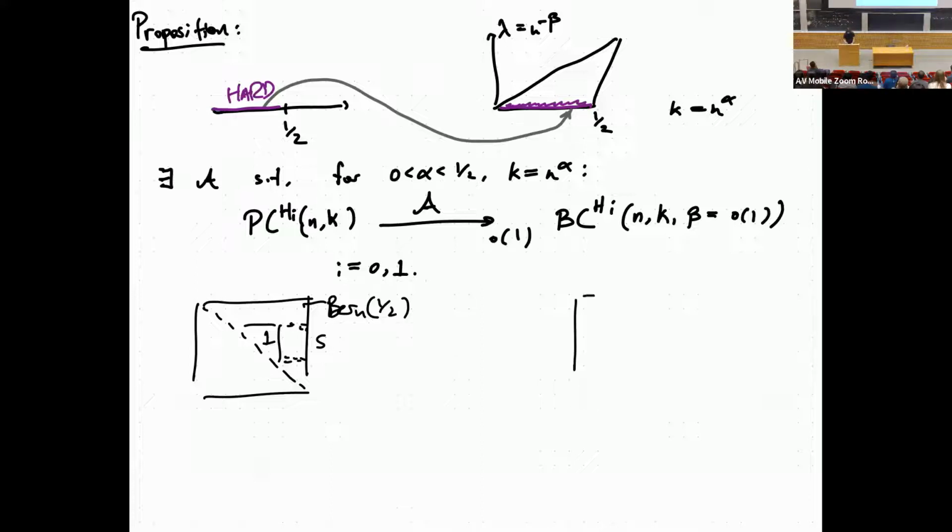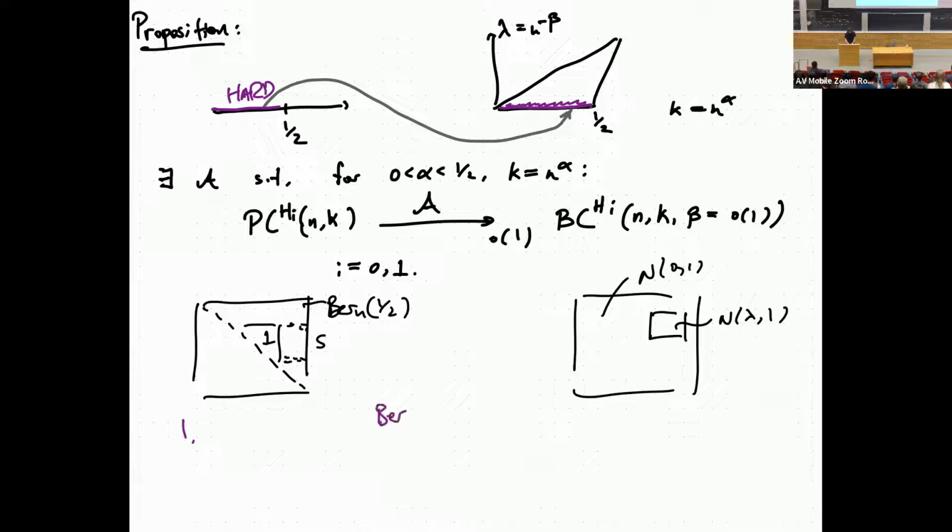And what we're trying to do is to map this to something that has normal lambda 1 and normal 0, 1, or Gaussian 0, 1. Okay, so there are a few differences between these two distributions. The first is that we need to map the distribution of the entries.